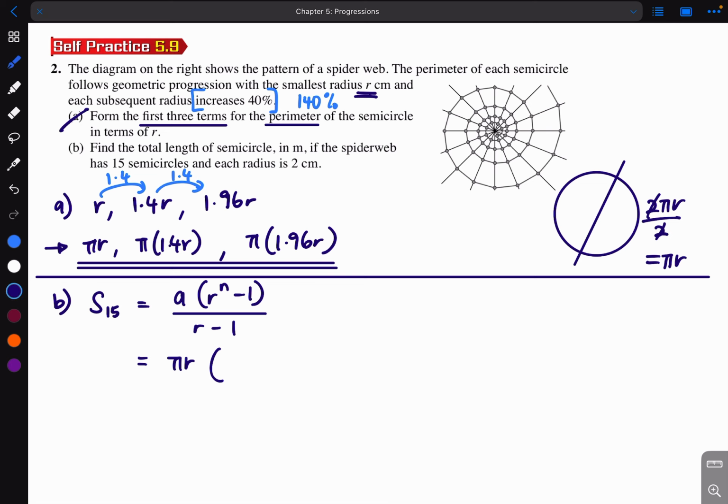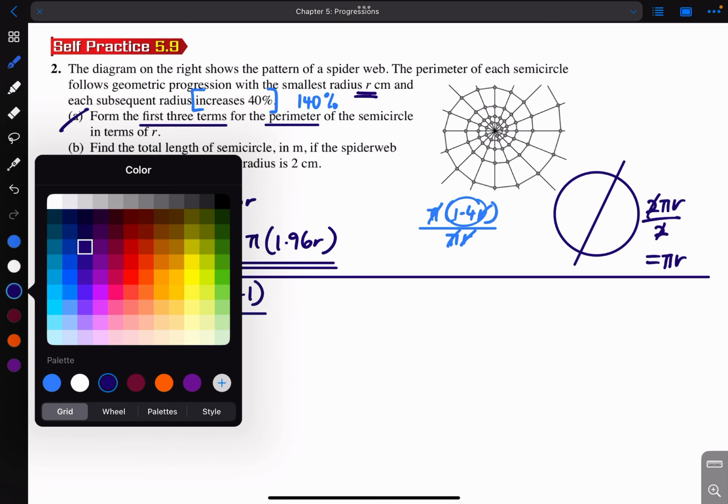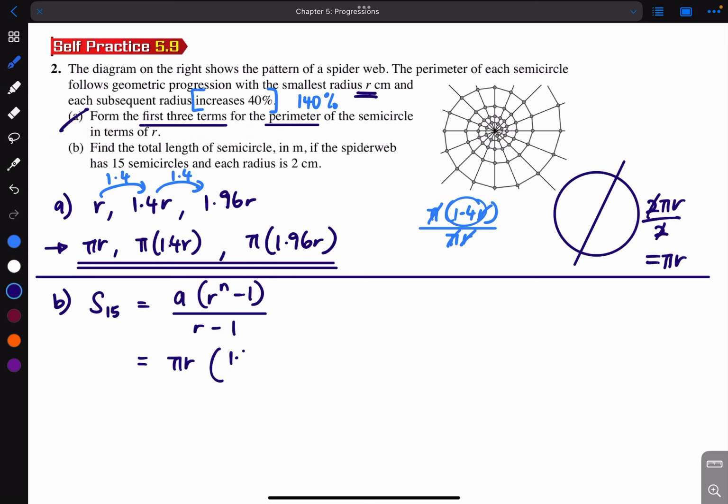So let's just do it here. Pi times 1.4 r divided by pi r. Cancel, cancel, cancel, cancel. r is just 1.4. Power 15 minus 1 over 1.4 minus 1.